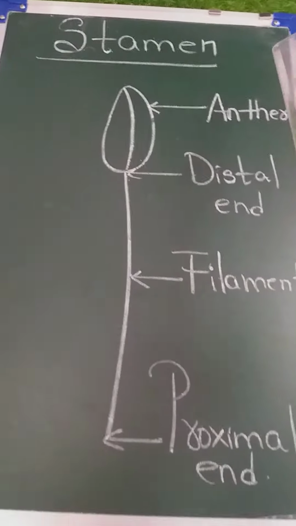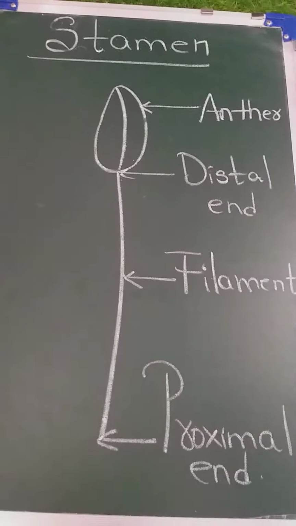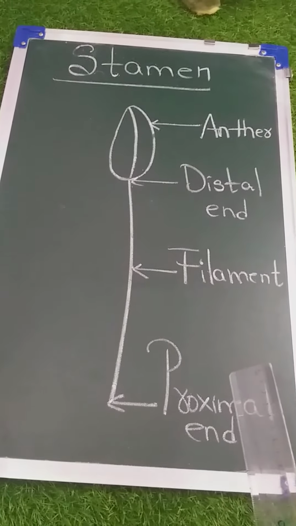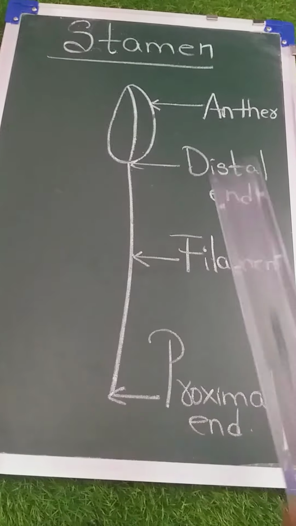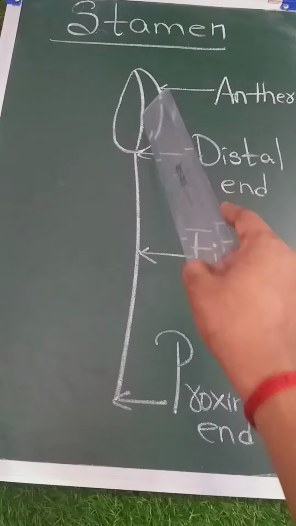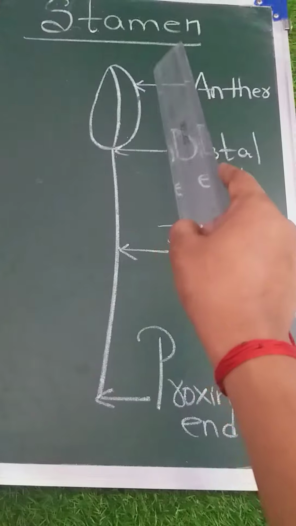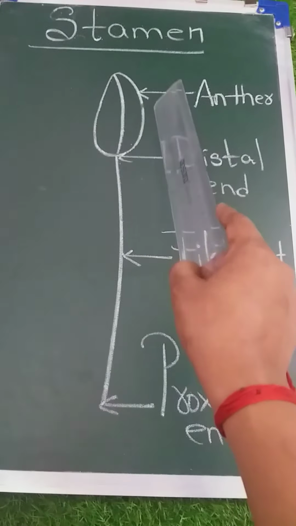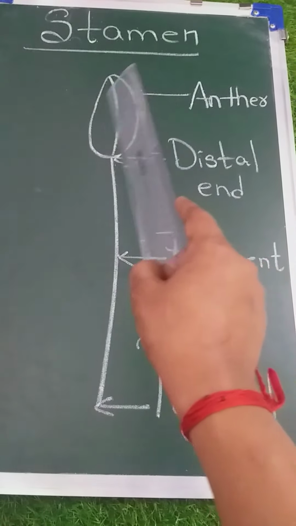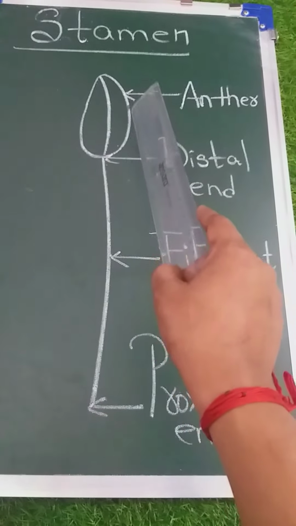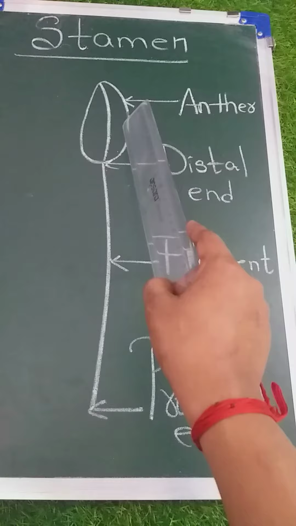Again, I'm saying all the stamens together form something which is called an androecium. The structure of the stamen is divided into anther and filament. The anther is a bilobed structure, meaning it has two lobes or two compartments or two thecas. Hence it is called bilobed anther or diathecous anther.